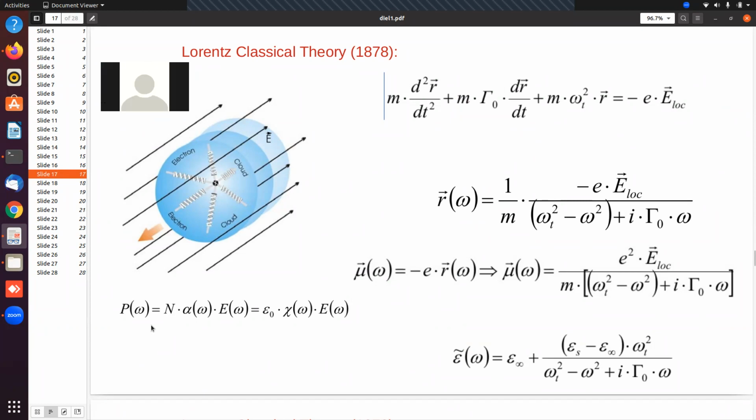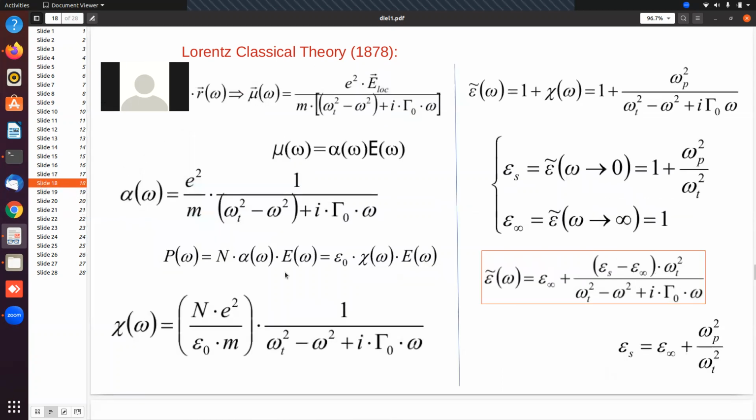But in the epsilon expression, from where is the connectivity there?